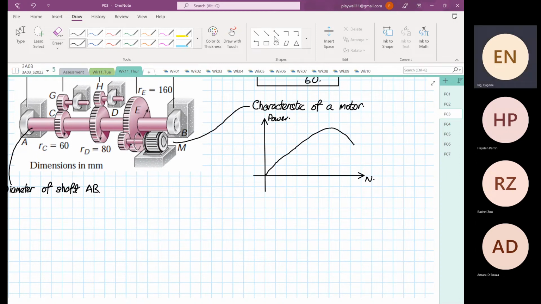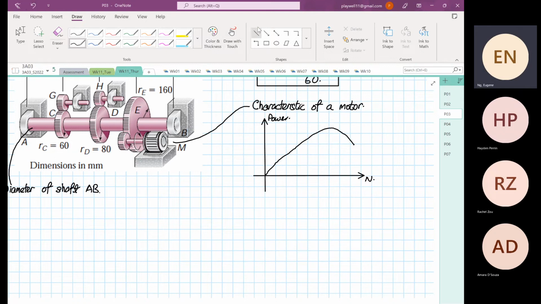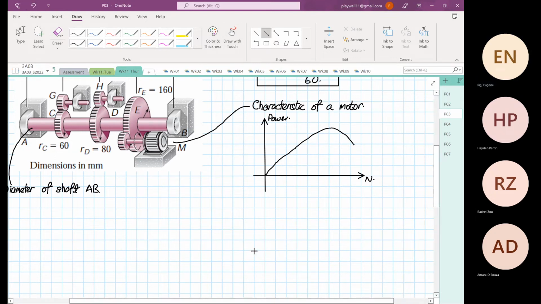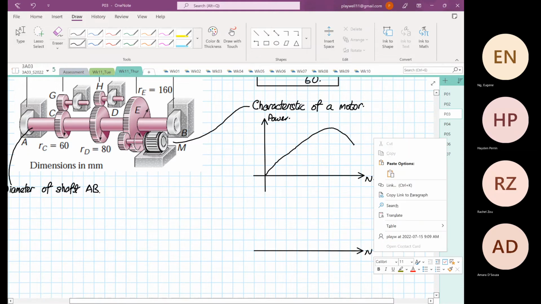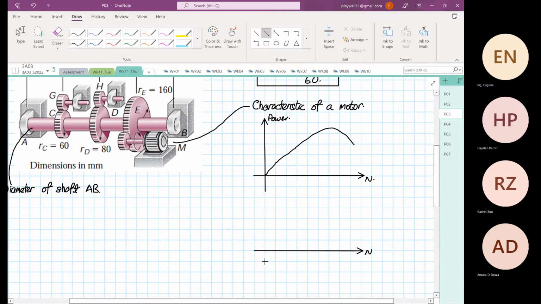Okay, and then there's another graph that you will also see in terms of torque. Okay, RPM and torque. So again, this is N, and the vertical scale is going to be the torque.